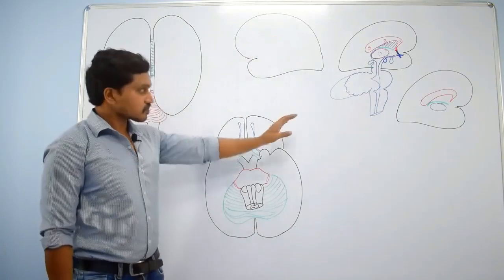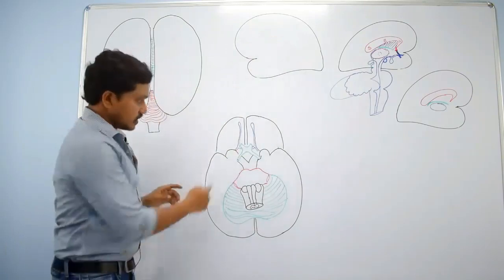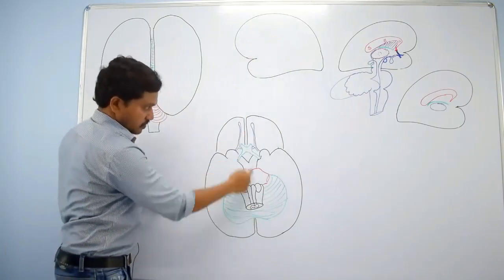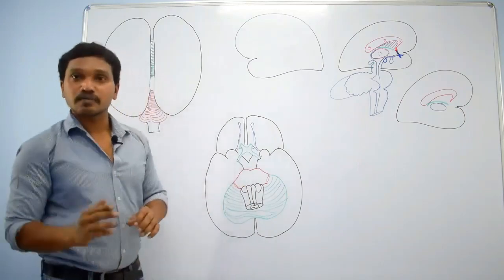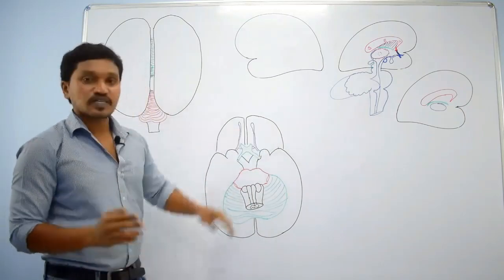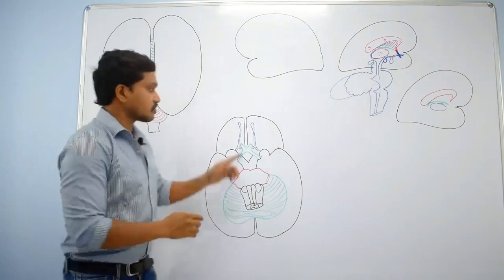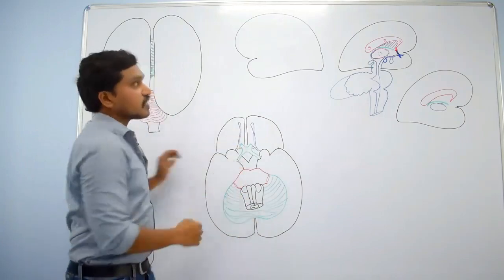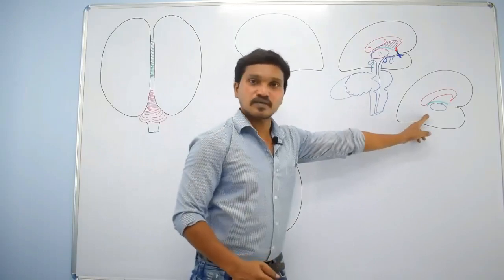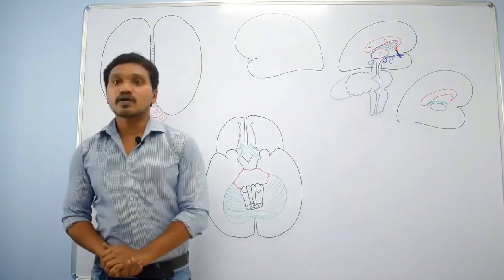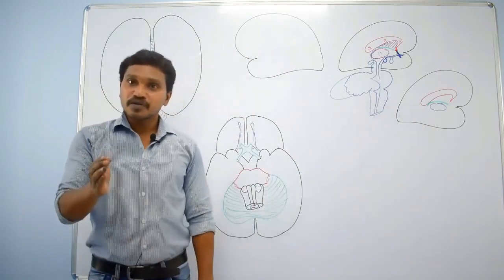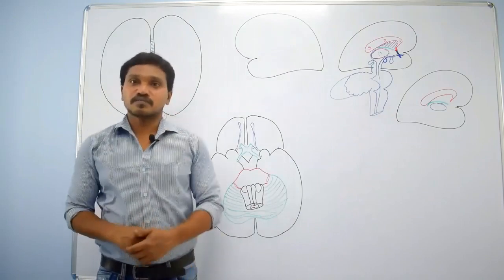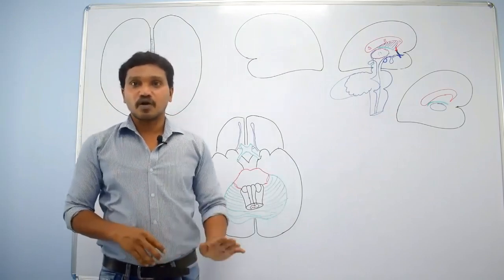Then one more border. This is the border separating the inferior surface from the medial surface. This border we call the inferior medial border.